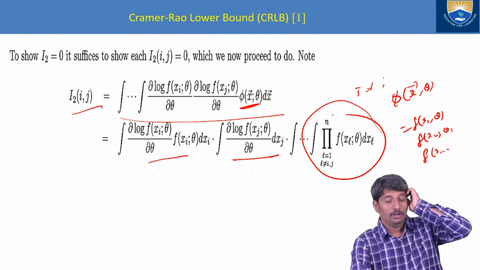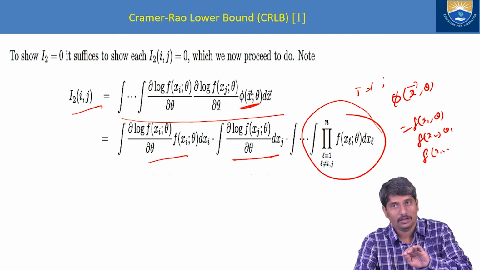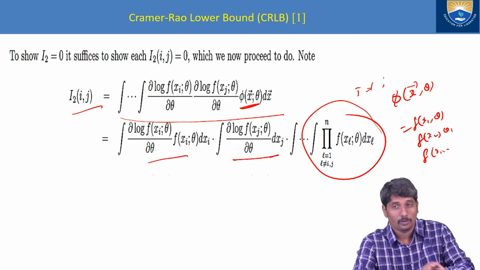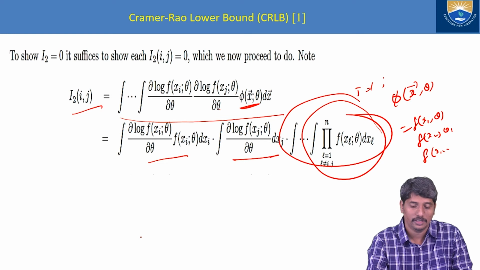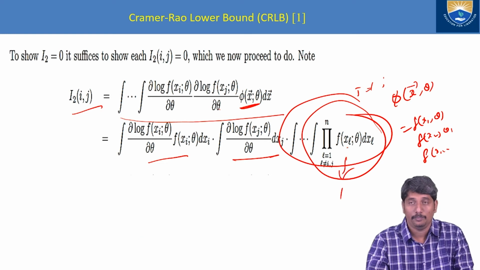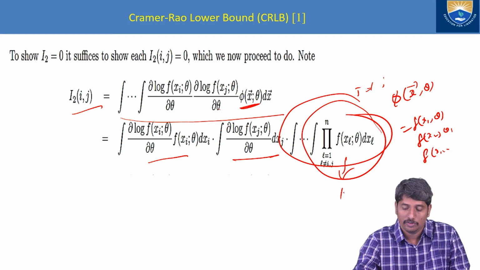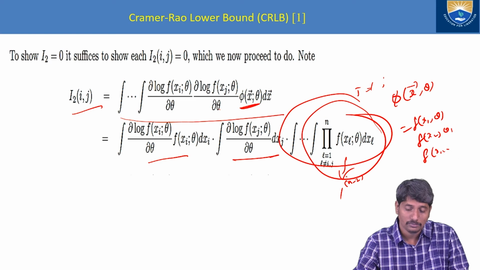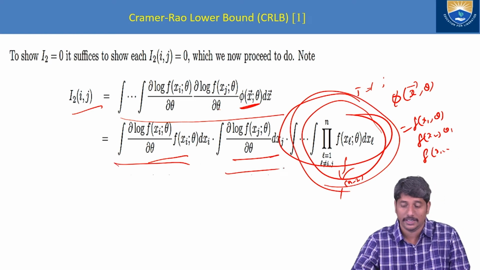That means we are making the ith component aside and the jth component aside, and the remaining all we are clubbing and putting into a separate integral. Then this would automatically be 1, because the sum of all probabilities under a density function is always 1. This will be 1 power n minus 2, because there are n minus 2 integrals. So it automatically becomes 1. So we have to deal with this thing and this thing.